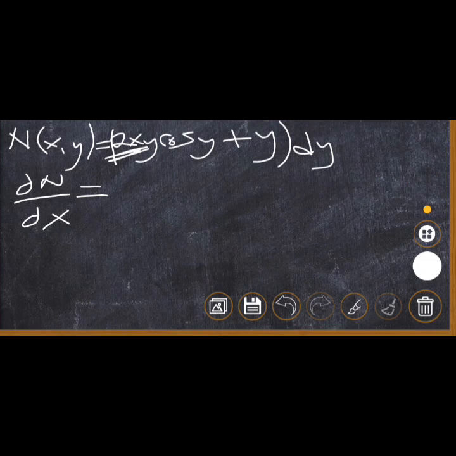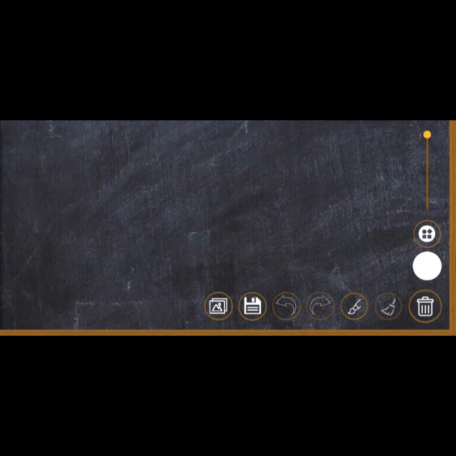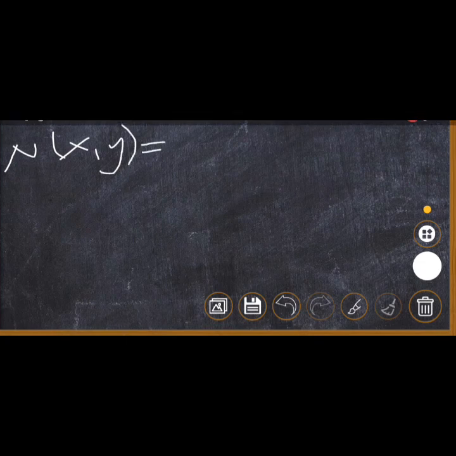Or rather, I've just realized that there was no y there, so we just had the function n of x comma y equals 2x cos y, and then here we had y.